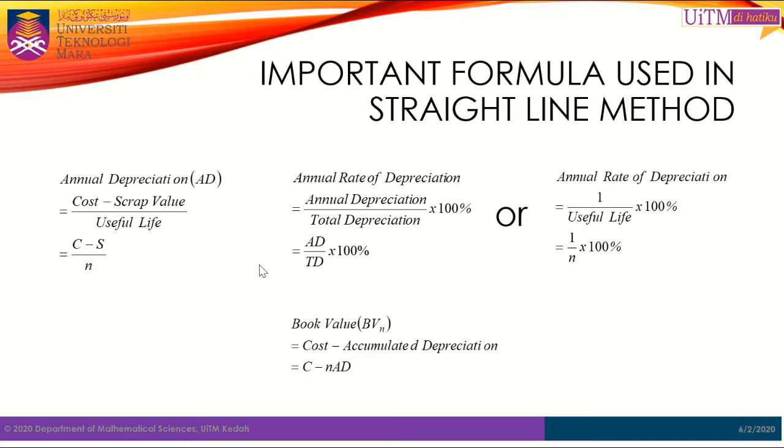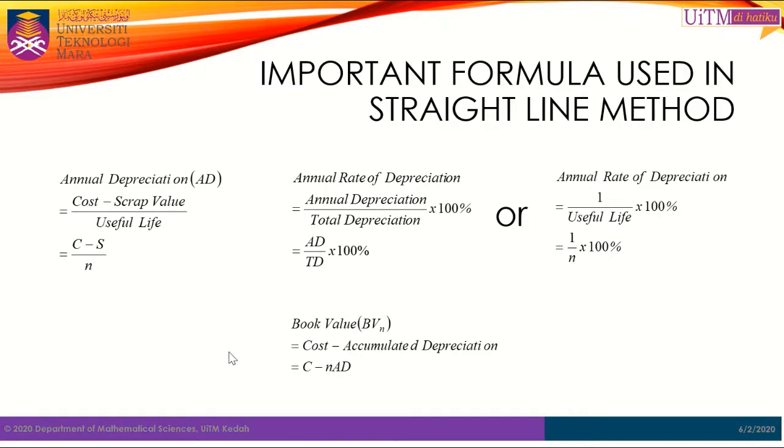This is simply the cost minus the accumulated depreciation. The accumulated depreciation is given by N multiplied by AD, where AD is the annual depreciation. So you multiply by N, and you get the accumulated depreciation for that particular year. You subtract it from the cost, and you get the book value.